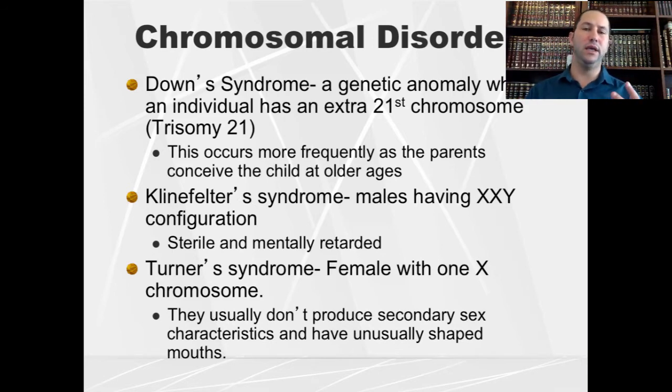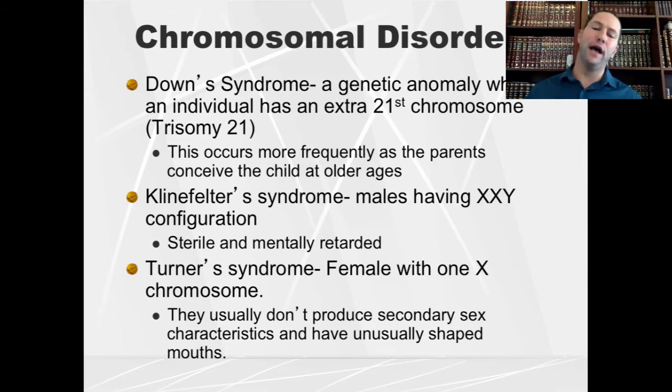So these are the notations for that. And instead of having 2 chromosomes for XX, these females have 1. So what does this do? Well, they have all the primary sex characteristics, so they can reproduce, although their window of time is more truncated, but they don't have the secondary sex characteristics.